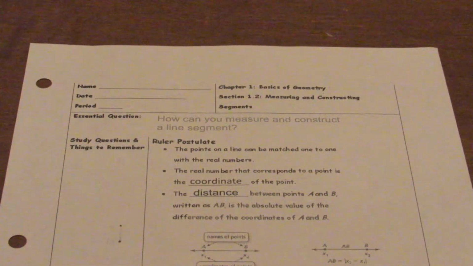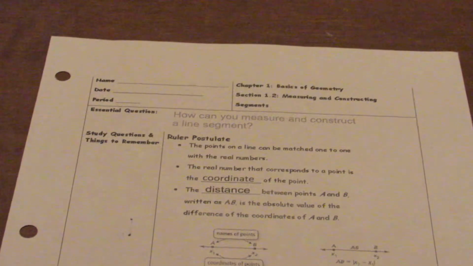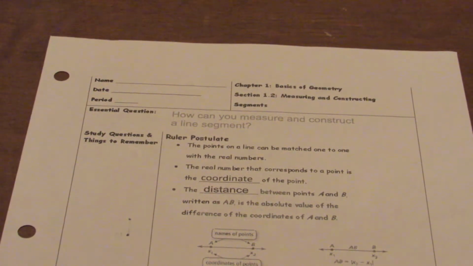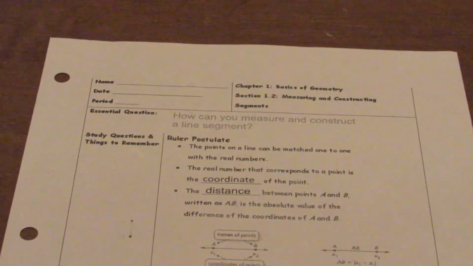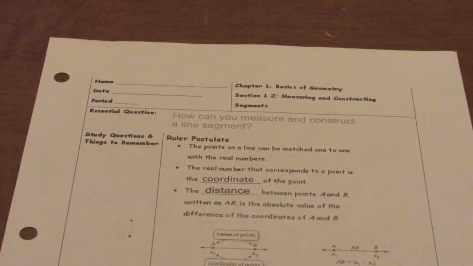Then the distance between points A and B is written as AB, nothing over it. Okay, that's how we know it's the distance of the line segment, because there's nothing over it. It is the absolute value difference of the coordinates of A and B. Difference, remember, is subtraction. Absolute value means it's always going to be positive.